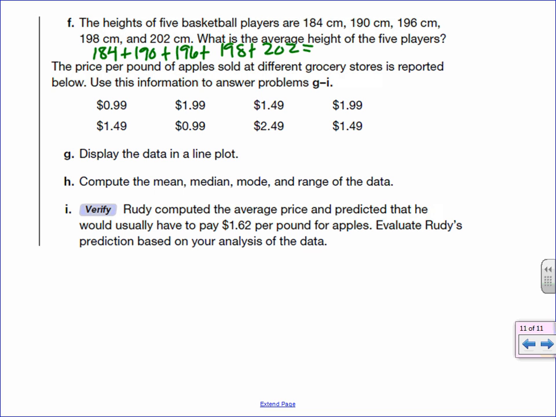You get 970, and then you take 970 and divide that by 5 basketball players, and get 194 centimeters. Since all the other units were centimeters, this one will be as well.